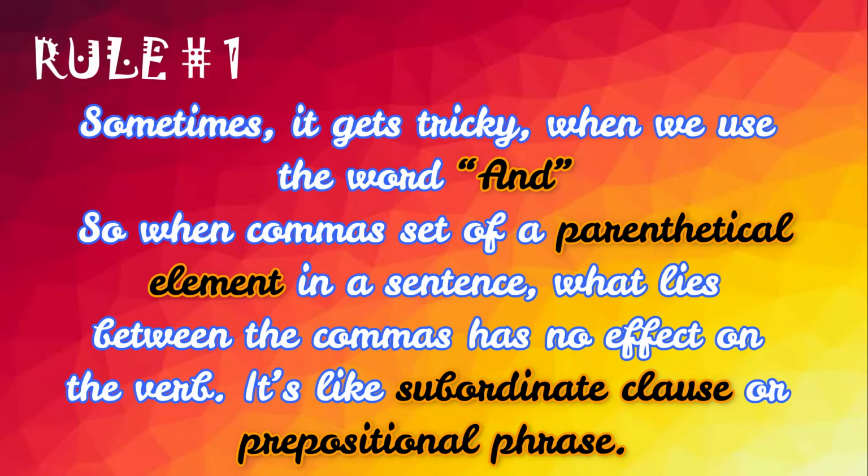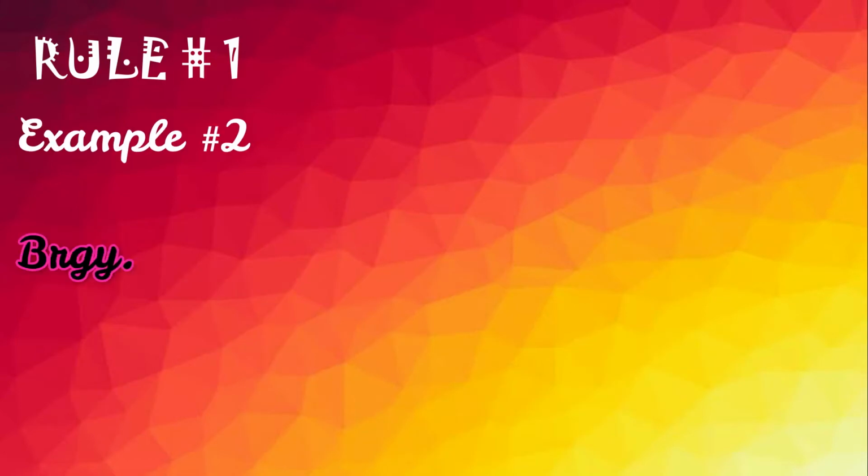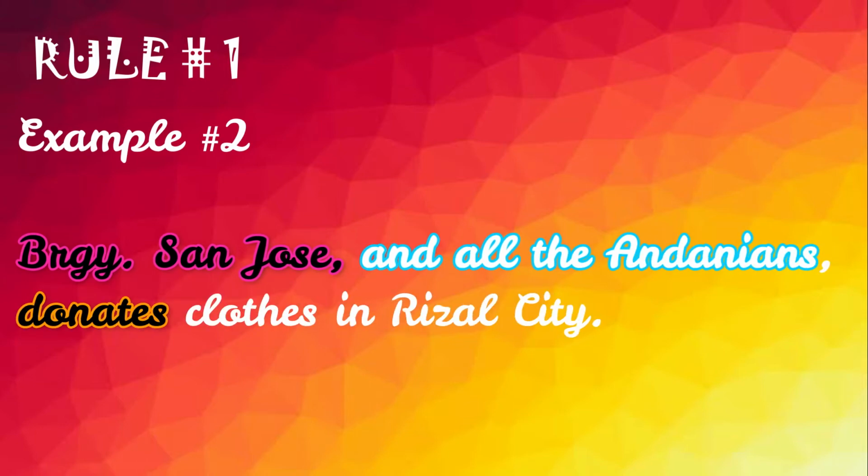So when commas set off a parenthetical element in a sentence, what lies between the commas has no effect on the verb. It's like a subordinate clause or prepositional phrase. Example number 2. Barangay San Jose, and all the Andanians, donates clothes in Rizal City.